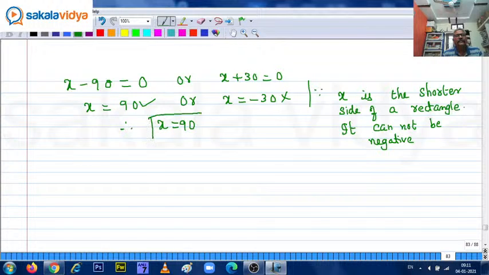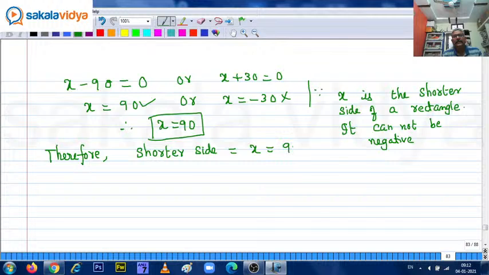Now we can write, therefore, we conclude like this: shorter side is equal to x, that is 90. So 90, what is that actually? You need to write meters, 90 meters, units you need to write.